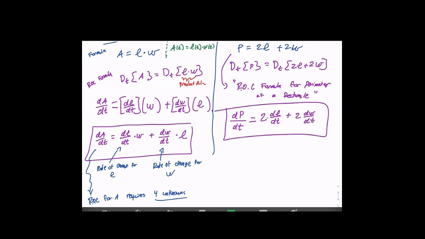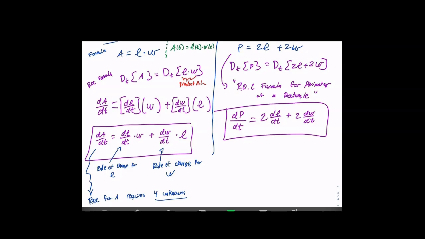So interesting here, the rate of change for perimeter, how the perimeter changes, is based on the rates of length and width. In other words, and this is pretty interesting, it doesn't matter what the actual length is. It doesn't matter what the actual width is.